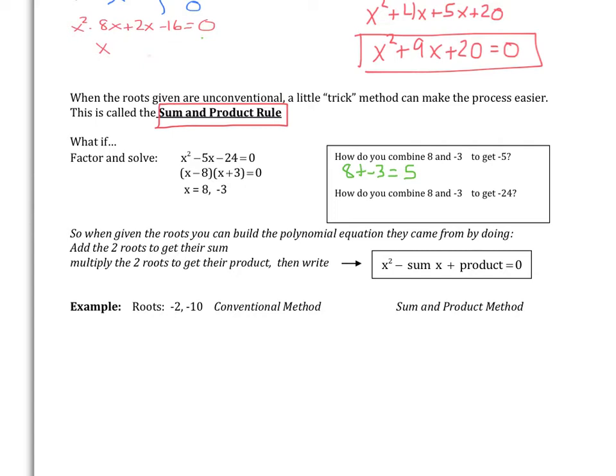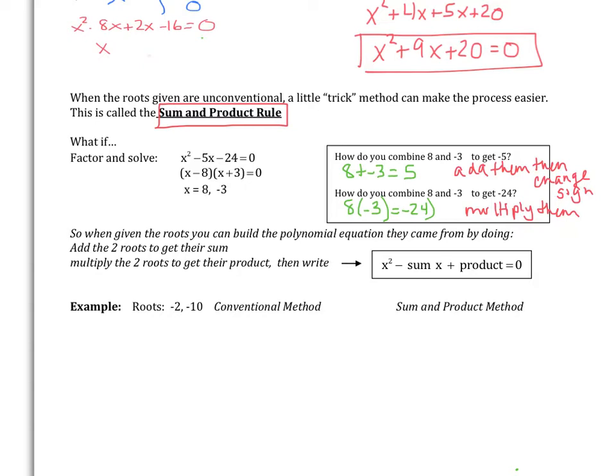How do you combine 8 and -3 to get -24? You just multiply them. This leads us to our sum and product rule.